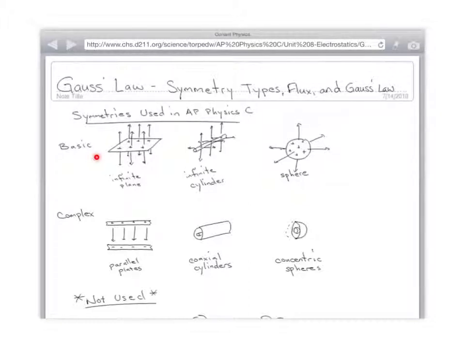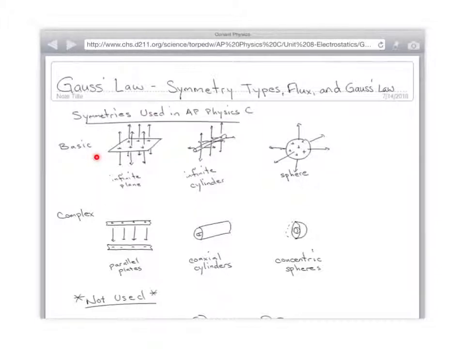Is this true for every shape? Let's say I had a cube that was charged up. Would the field lines coming from a cube always be straight? What about the corners?